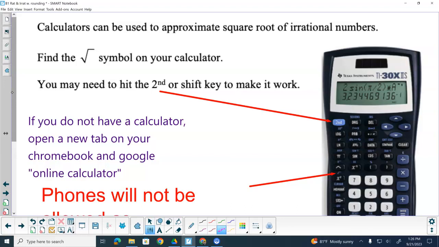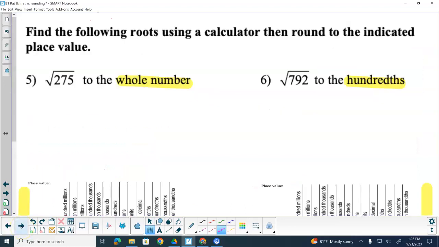Anybody else need help finding their square root key? So you've got to hit second, then that square root key, then the number that we're typing in for that one. So we want to round the square root of 275. Those of you that have your calculator, if you want to work along with me, say the square root of 275.